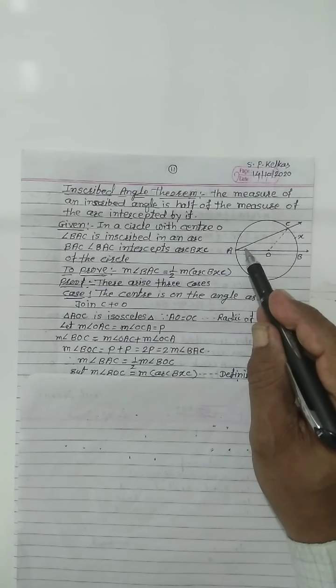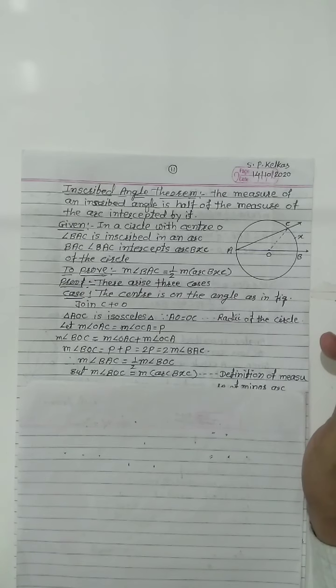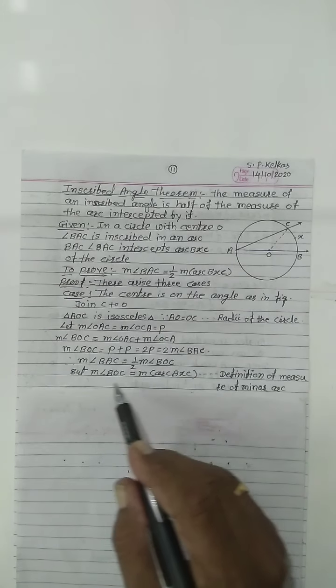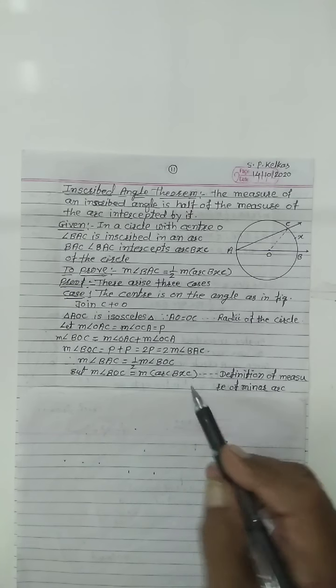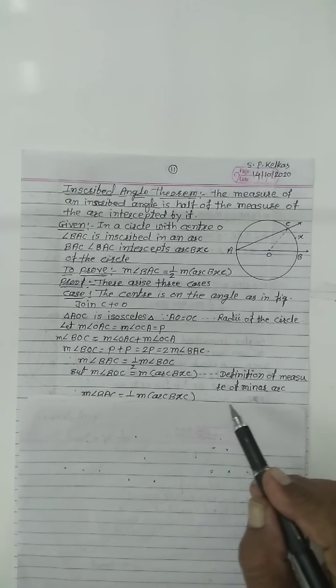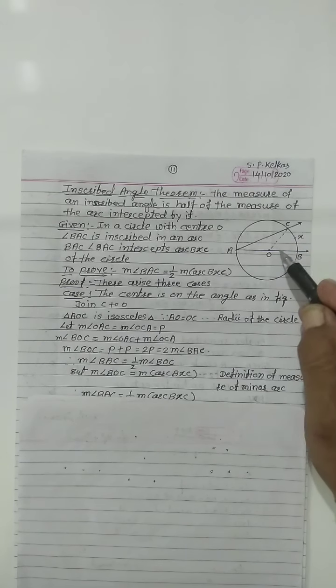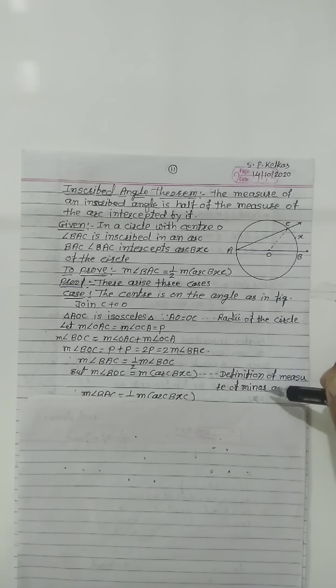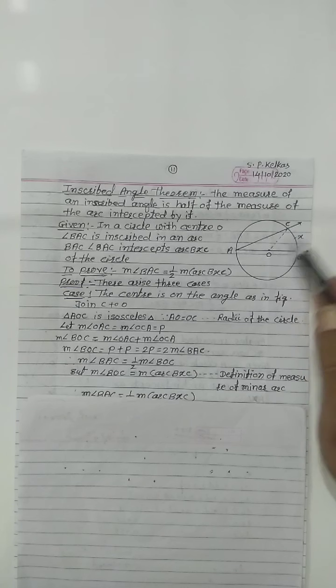But the measure of angle BOC equals the measure of arc BXC, by the definition of the measure of a minor arc. So the measure of this angle equals the measure of this arc.